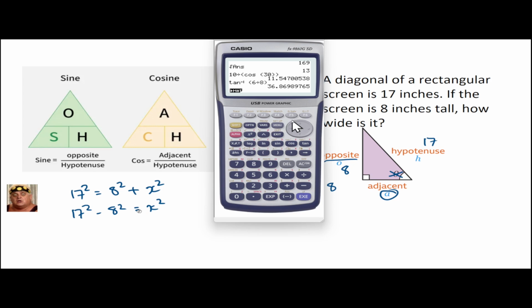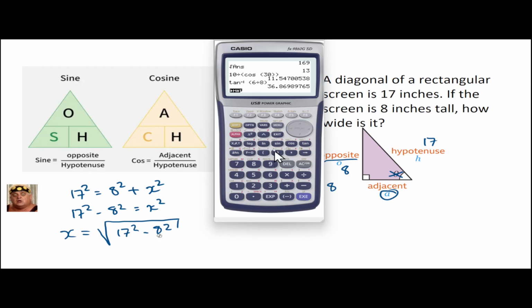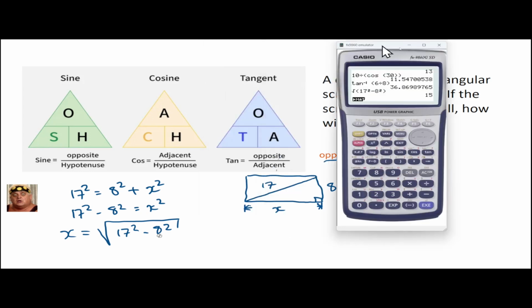So x is going to be equal to the square root of 17 squared minus 8 squared. So square root of 17 squared minus 8 squared equals 15.